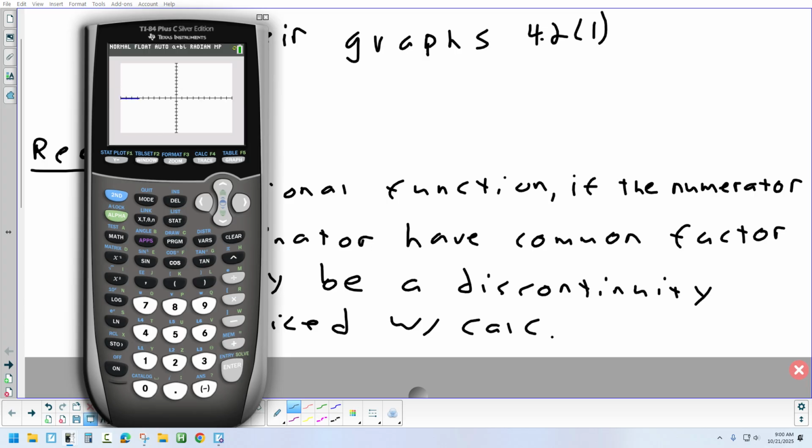When we do that graph, when we get to positive 3, we get something right here, this vertical thing. Does anybody remember what we call that? Vertical asymptote. Yep, that's a vertical asymptote. So a vertical asymptote can be caused when you divide by 0. And it's very easy to see on the graph.